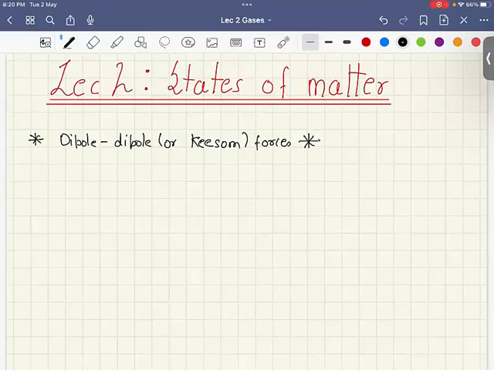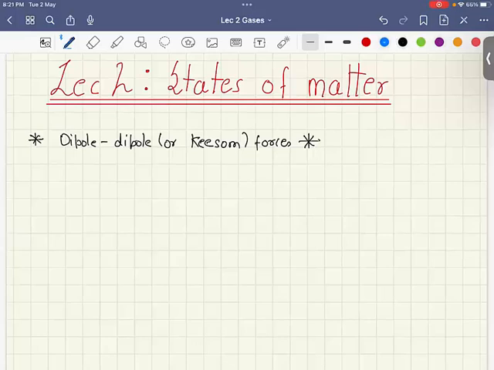The positive end of one molecule attracts the negative end of the other and vice versa. The greater the dipole moment of the molecule, the greater the forces of attraction. This effect was first studied by Keesom in 1912 and is also referred to as the orientation effect. These forces are also called Keesom forces, and they produce a net attractive effect.